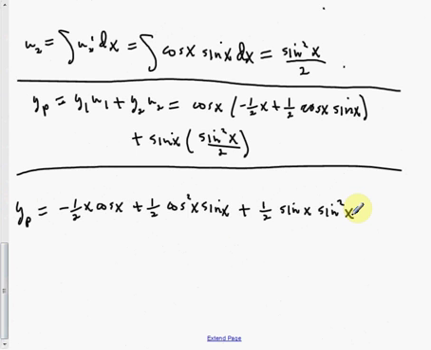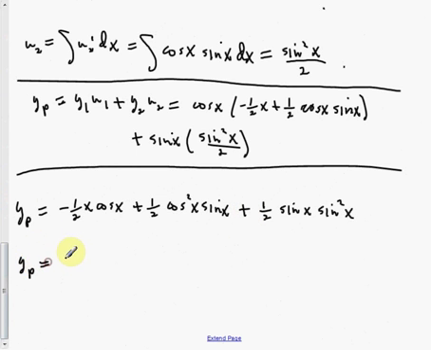Do you see some like terms there in this term and this term right here? Well, there's a common factor of 1/2. It's a common factor also of a sine x. So we just want to factor that out.